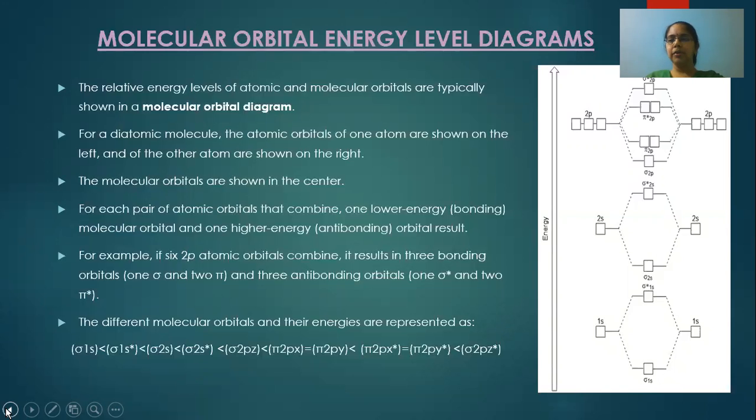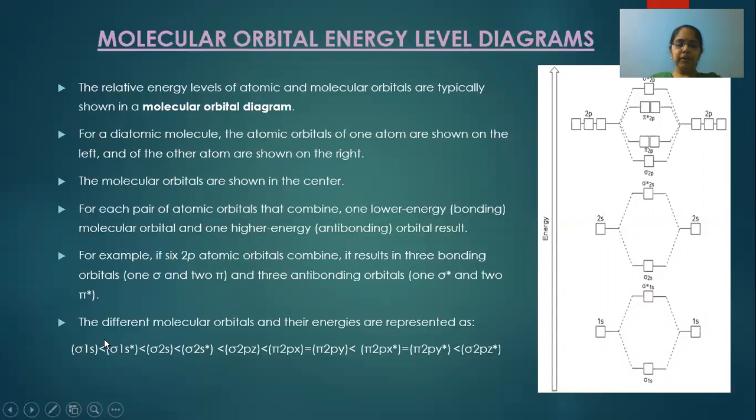Similarly, if the atomic orbitals overlap laterally, then they generate a pi bond. That means a pi molecular orbital is produced. So we have sigma molecular orbitals and pi molecular orbitals, and the atomic orbitals generate bonding and anti-bonding molecular orbitals.